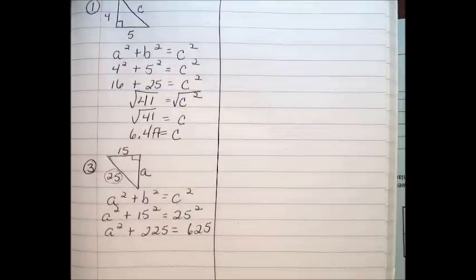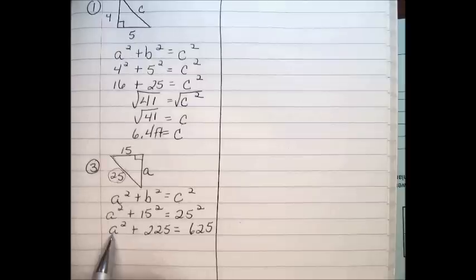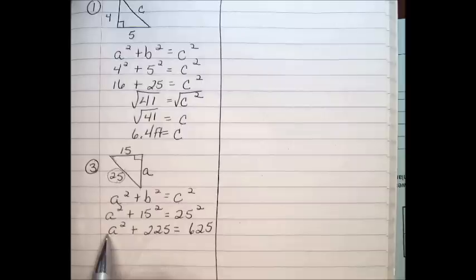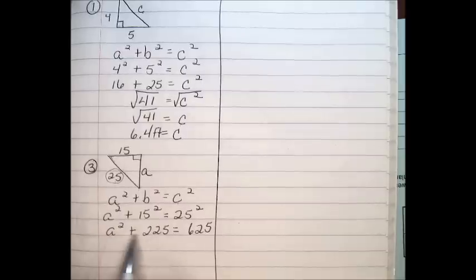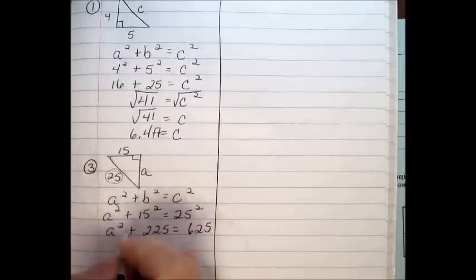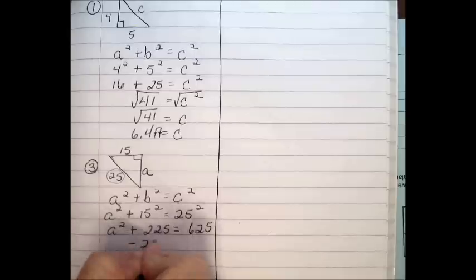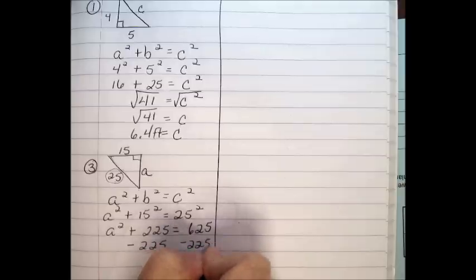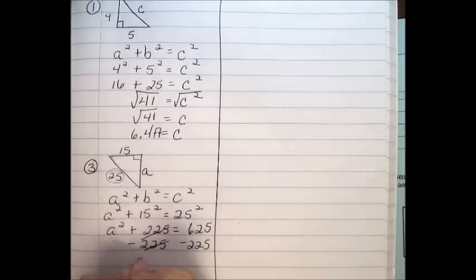Right now, 225 is added to it. So what's the opposite of adding 225? I need to subtract 225 from both sides. And that leaves me with A squared equals 400.